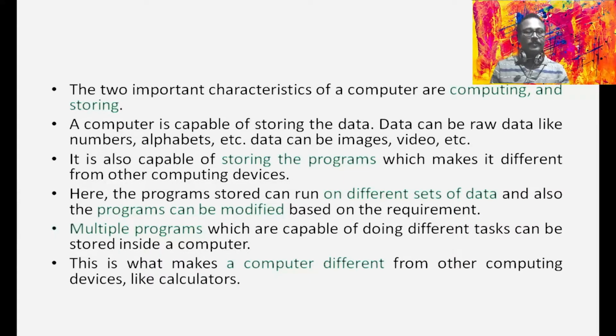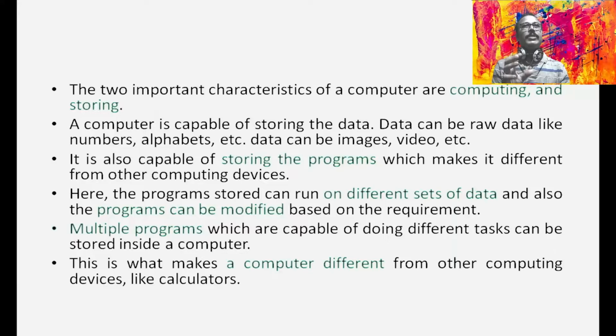That means if you have, in simple terms, a program which adds two numbers, then that program can be used to add any two numbers: 10, 20, 3141, 05. It can be any numbers.